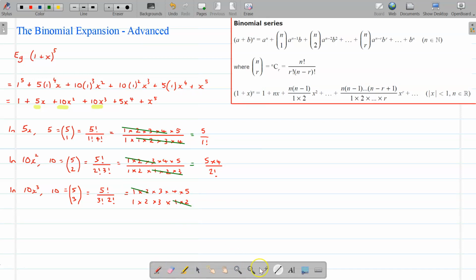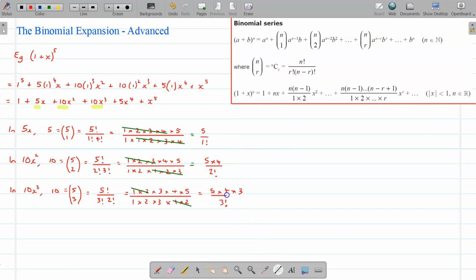Okay, let me put the fraction line in as well. So I'm left with now, you see, 5 times 4 times 3 on the top and 3 factorial underneath.